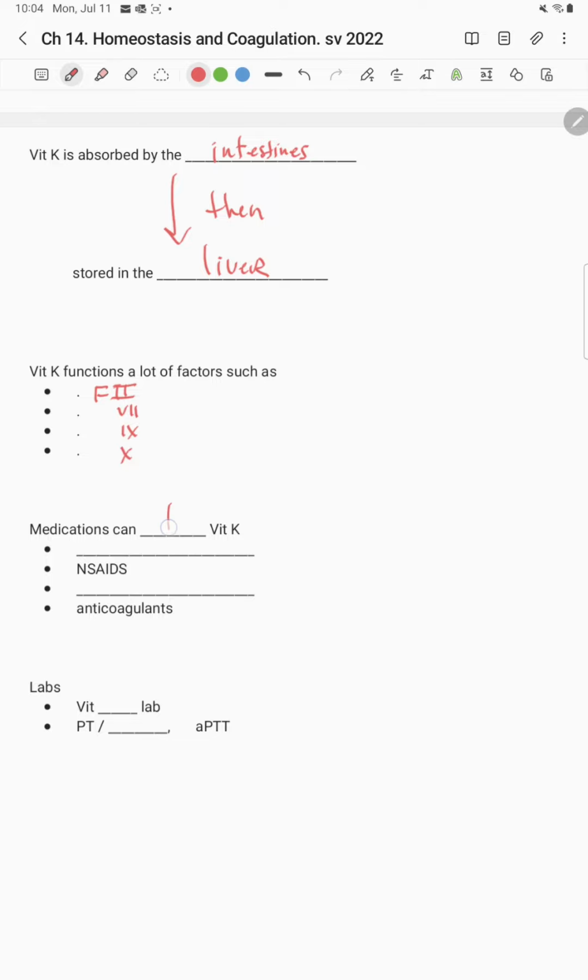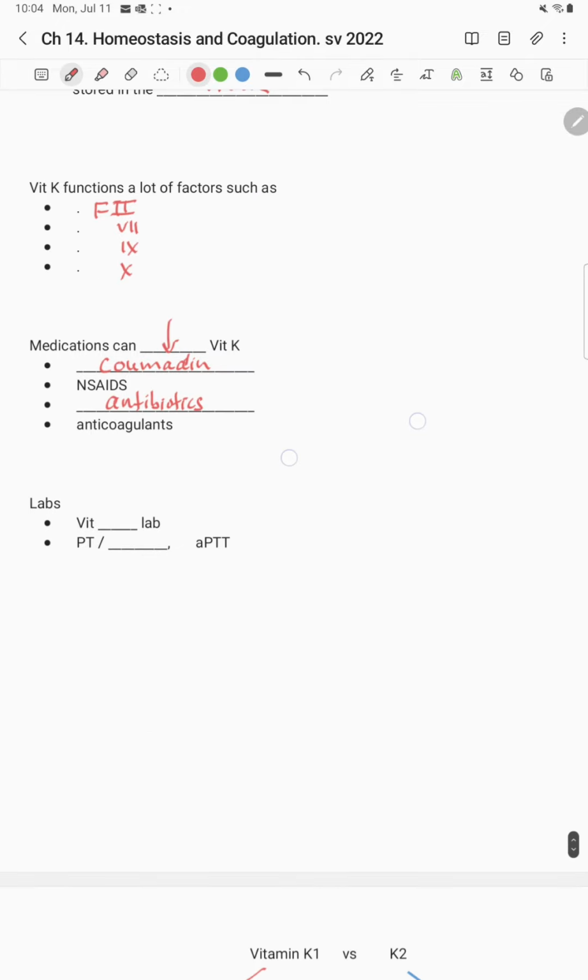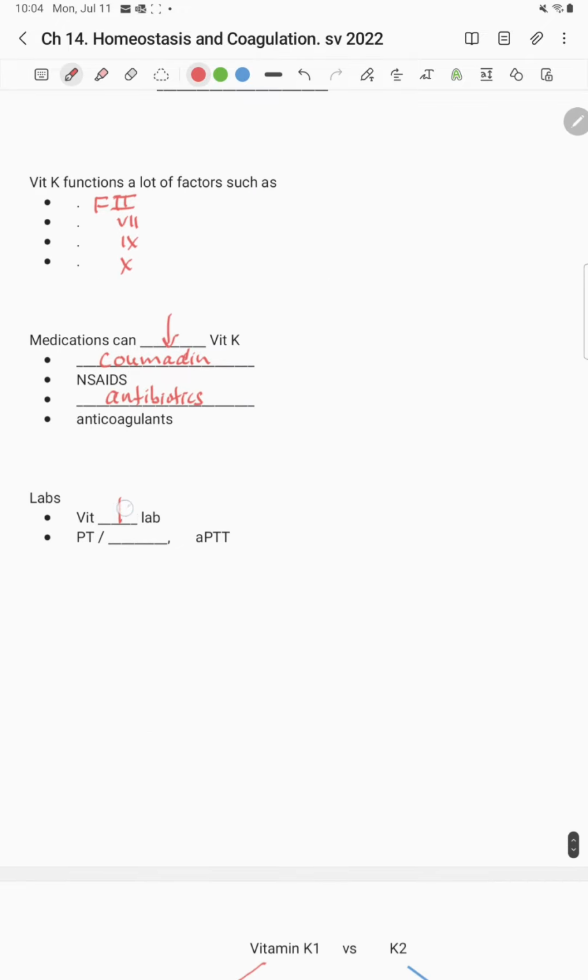There are medications that can decrease vitamin K, such as Coumadin, NSAIDs, which is ibuprofen and all that, antibiotics, and anticoagulants. So you can run labs looking for vitamin K levels. You can run your PT, INR, and aPTT.